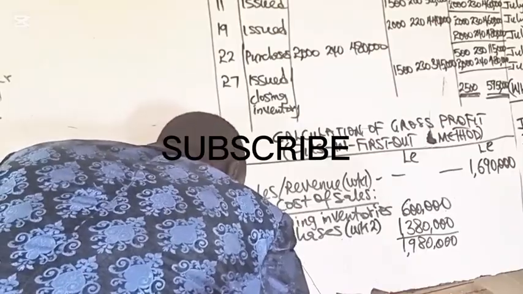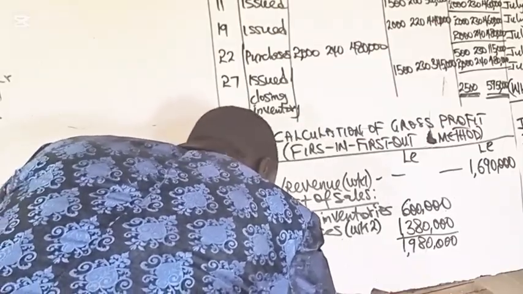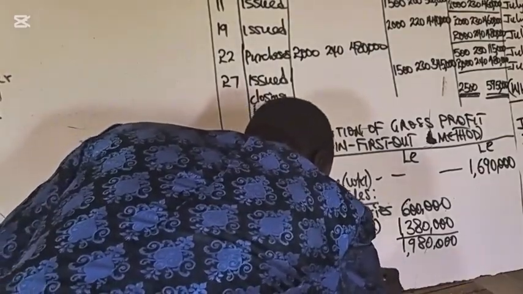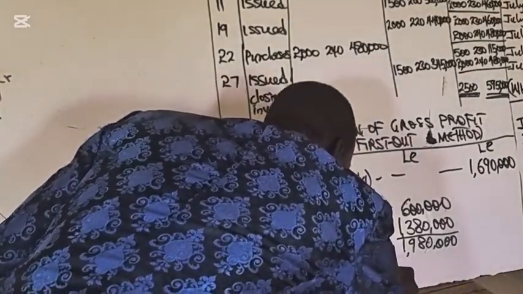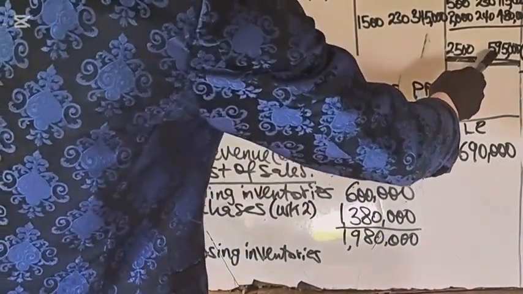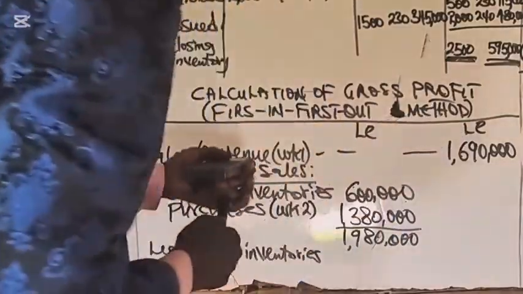And from our store ledger, we have the closing inventories of 595,000.